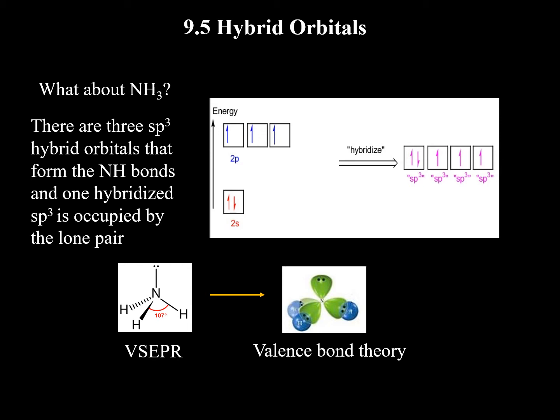The way we explain this through hybridization is still 3 p orbitals come together with an s orbital to make 4 sp3 hybrid orbitals. These 3 are involved with overlap with the hydrogens, and you're left with the lone pair that does not react with anything and is on its own.